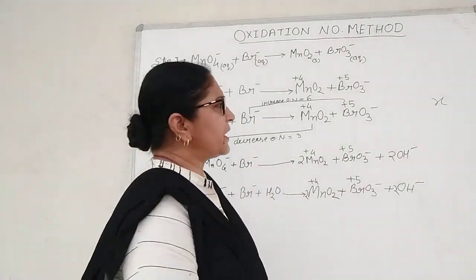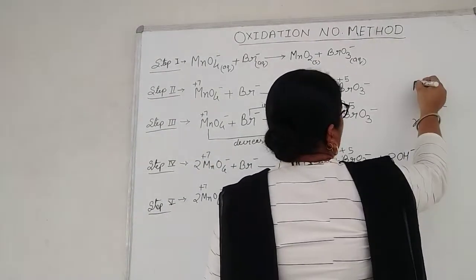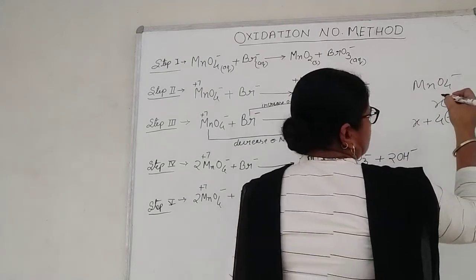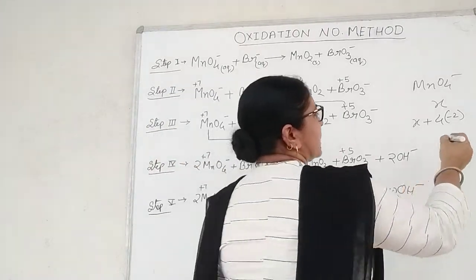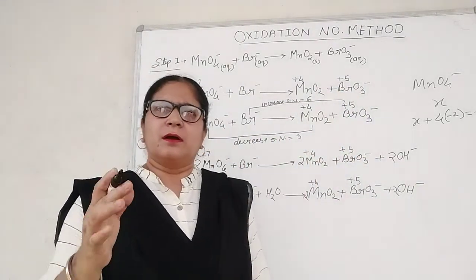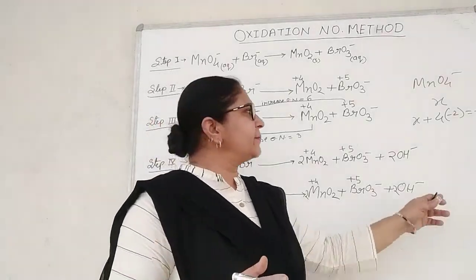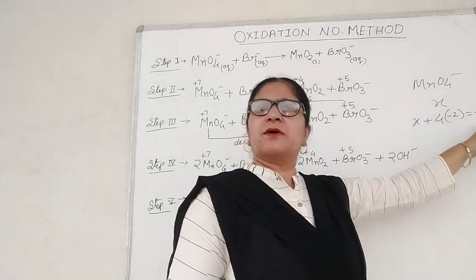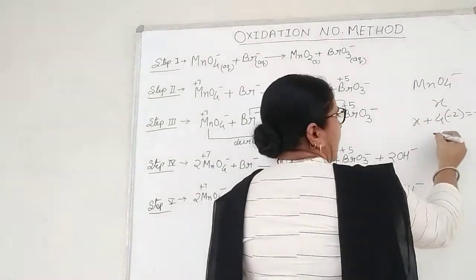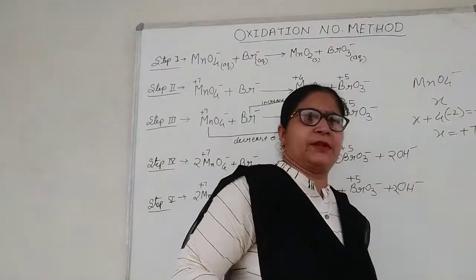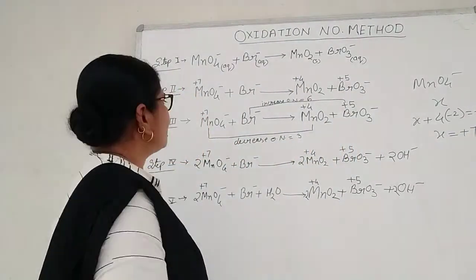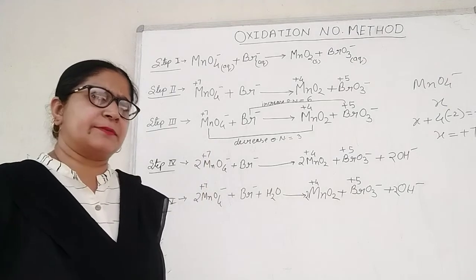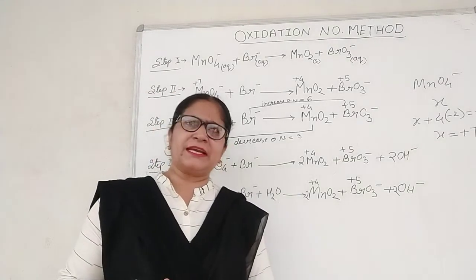Hence, X plus 4 multiplied by -2 is equal to -1. Therefore, X is +7. So the oxidation number of manganese in permanganate ion is +7.